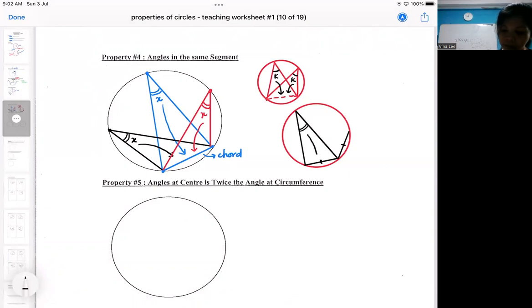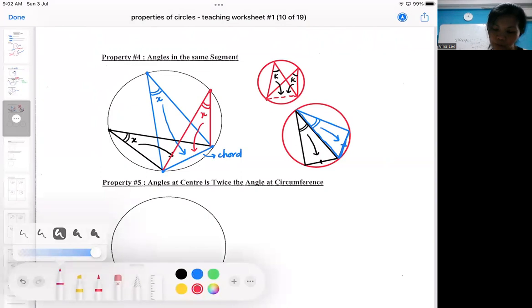So this angle is opposite this chord. For the other one, which is the same length, this angle is facing this chord, and both angles are the same.